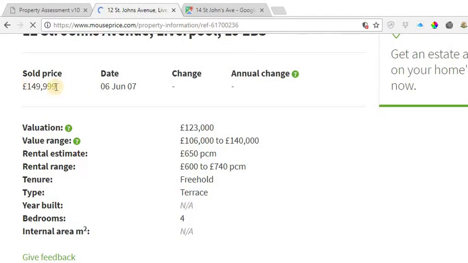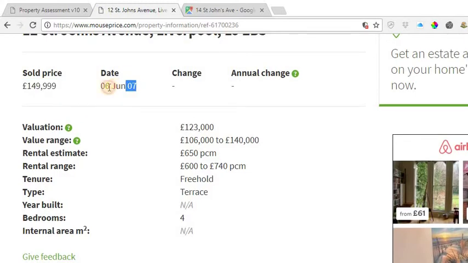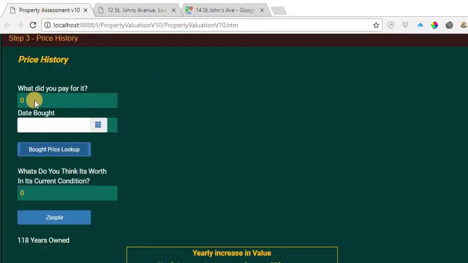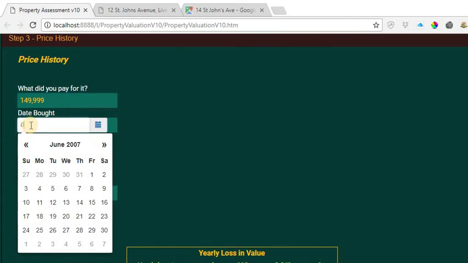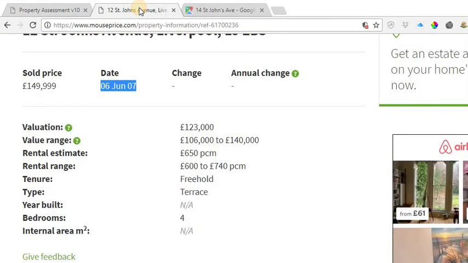It was sold for £149,999 on the 6th of June 2007, which was a Wednesday. Interesting. Have I got that right? 6th of June, 6th of the 6th, 07.